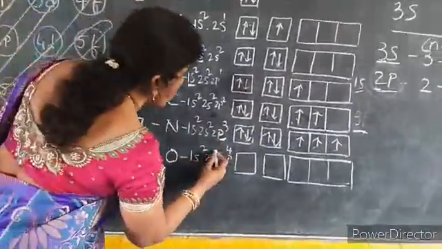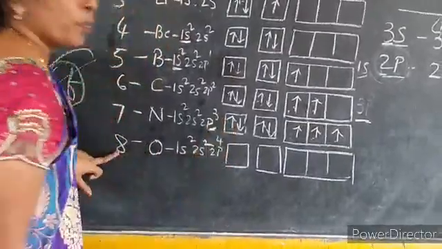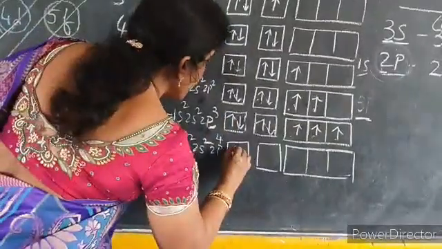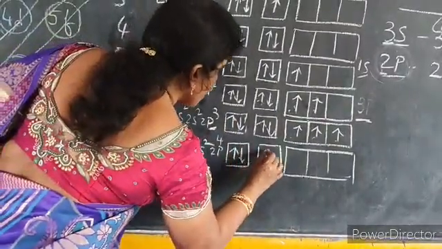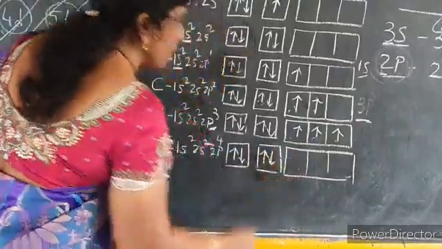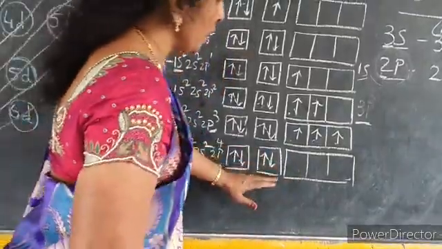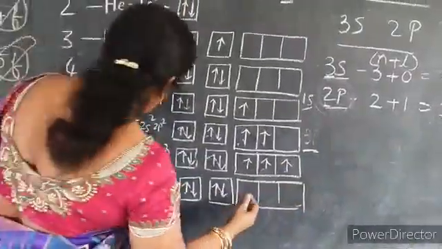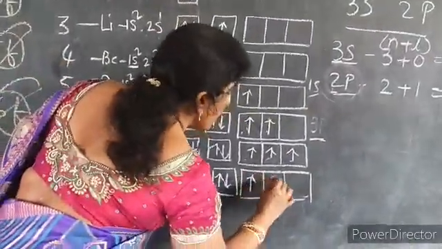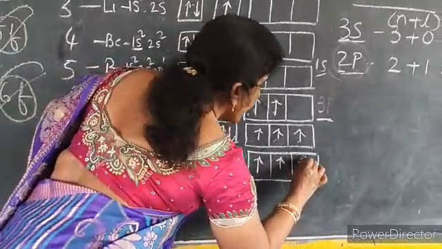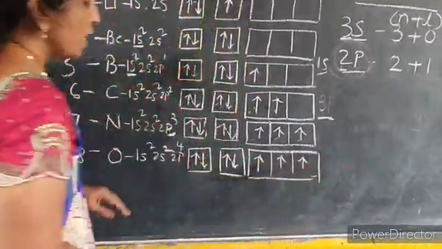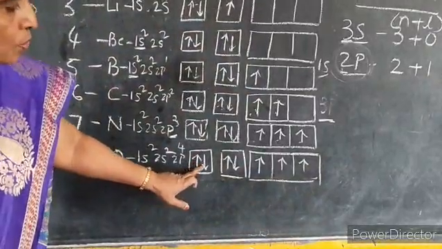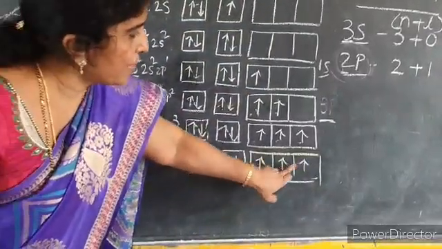Now coming to oxygen, what is its atomic number? 8. 1s2, 2s2 and 2p4. So here 1s is filled with 2 electrons, 2s is filled with 2 electrons, so both are occupied. Next electrons will go to the p subshell. At first they will occupy singly, half filled there. Now count the electrons: 1, 2, 3, 4, 5, 6, 7.